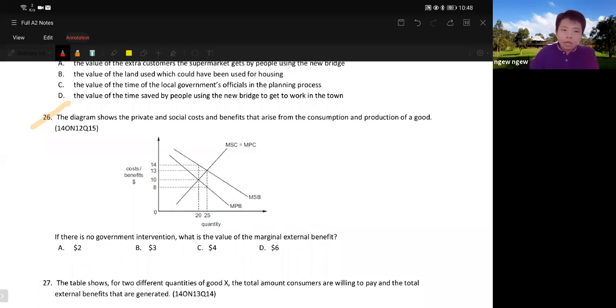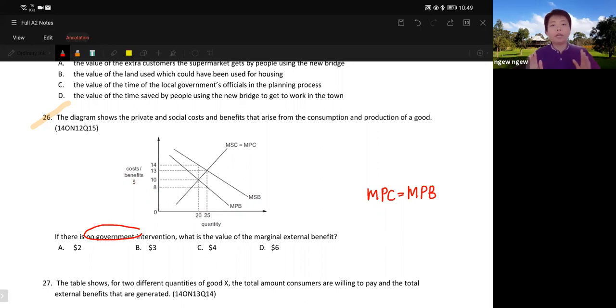And they say if there's no government intervention, so circle this kind of keyword. If there is no government intervention, meaning that the current level of output is where MPC equals MPB, because without government intervention, the private sector will act according to their own interests.